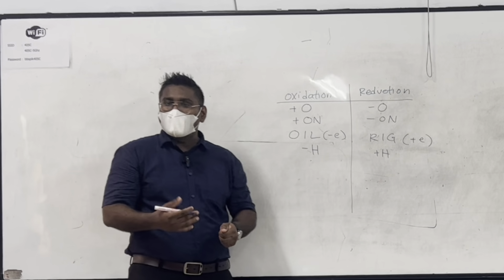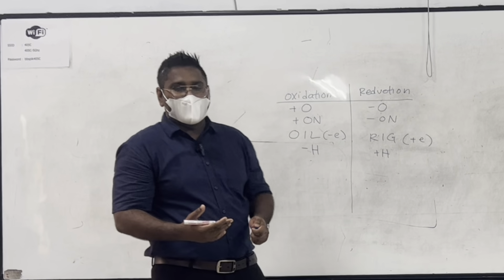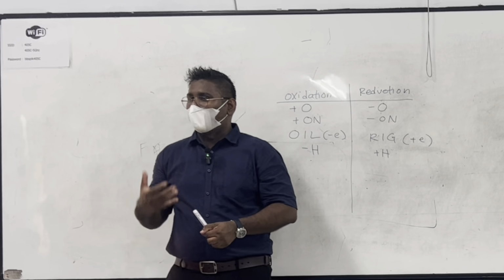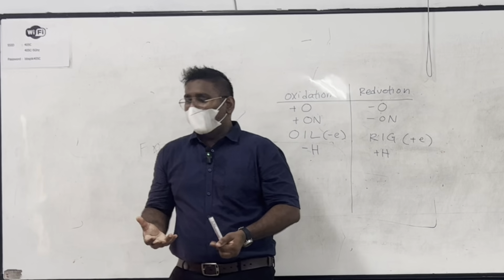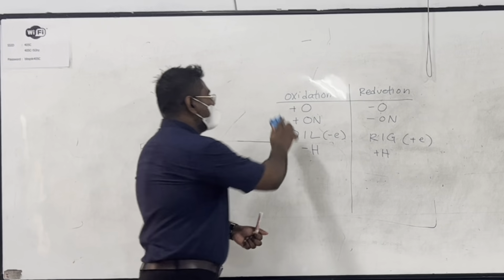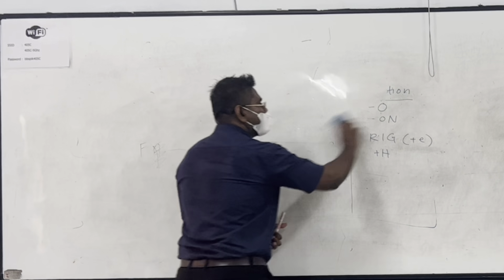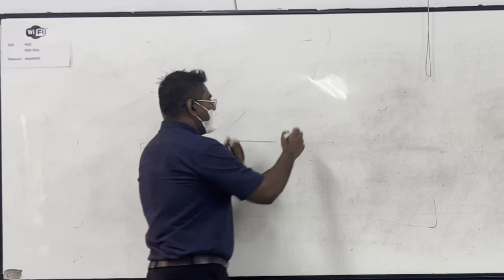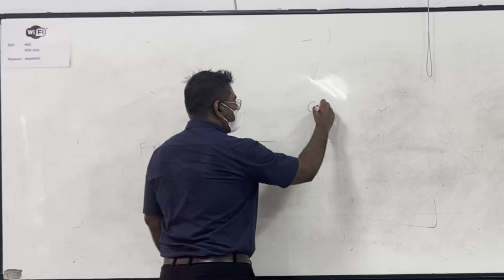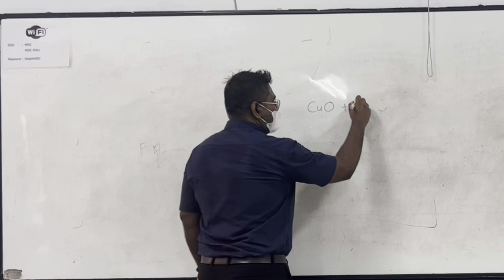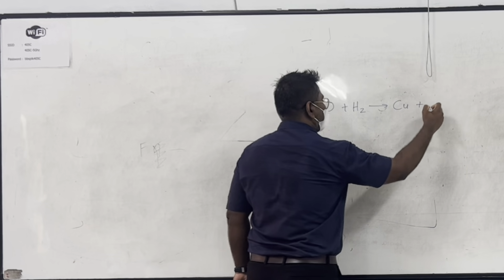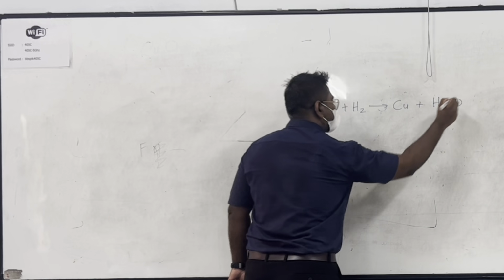And we can use any of them to help us identify whether something is oxidation or reduction. For example, if we have this particular reaction, copper oxide reacting with hydrogen changing into copper plus H2O.